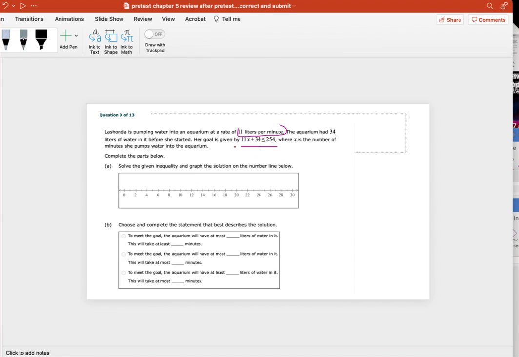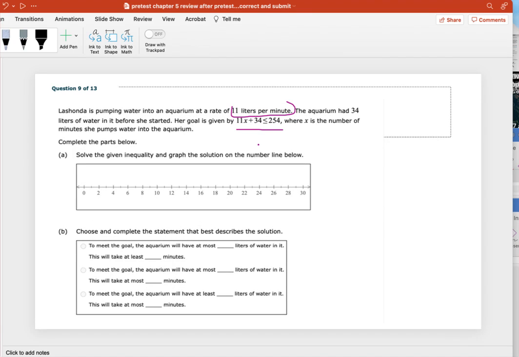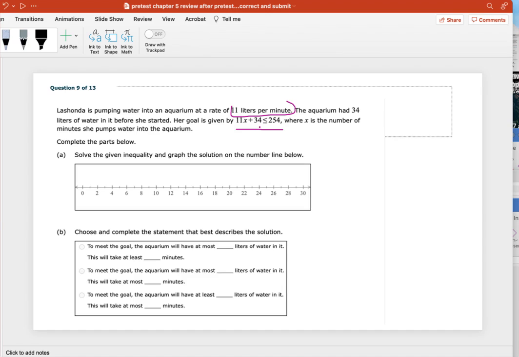Okay, so here we go. We're going to solve this by getting rid of the 34. I'm going to see if I can make it just a little bit bigger. Get rid of the 34 by subtraction. It's joined by addition, so we undo it with subtraction. Minus 34 on both sides, which cancels those.